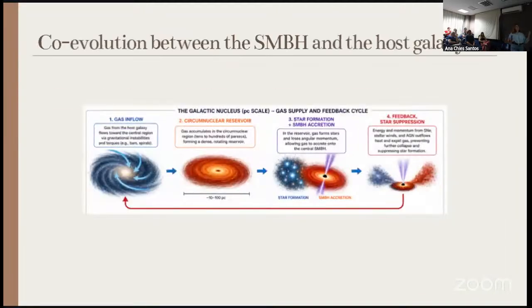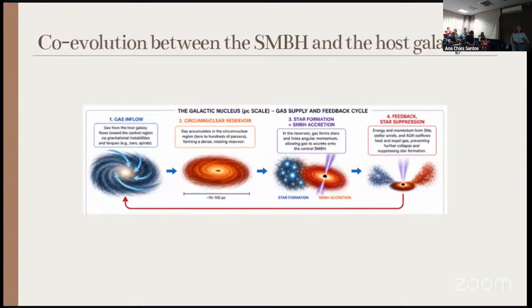We can also see a co-evolution between the AGN and the host galaxy because the gas inflowing in the galaxy can lose angular momentum and go to the center of the galaxy, triggering the supermassive black hole, and also triggering star formation in the galaxy.